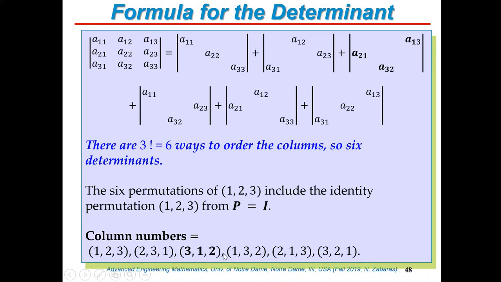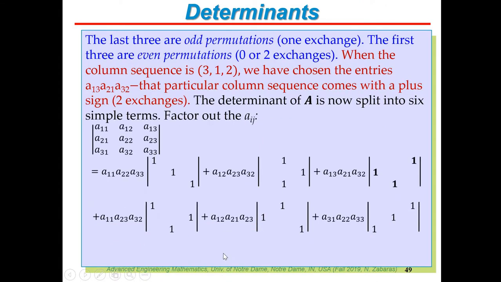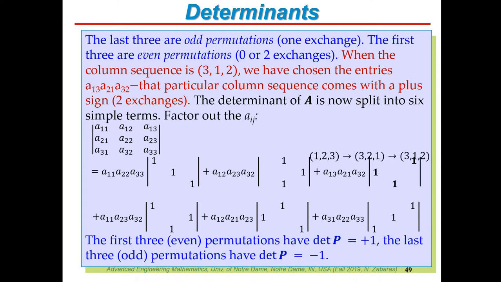The details on the permutations that you need to go to 3, 1, 2, starting from 1 to 3 or in reverse, is basically to do an exchange of columns 1 and 3. You can see here from 1 to 3 I go to 3, 2, 1, so I don't touch column 2, and then I do an exchange of columns 2 and 1 to get 3, 1, 2.